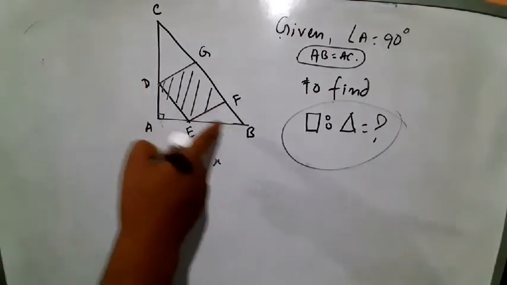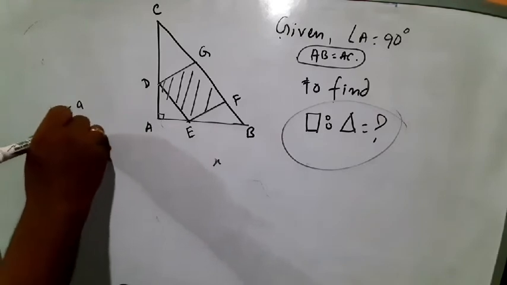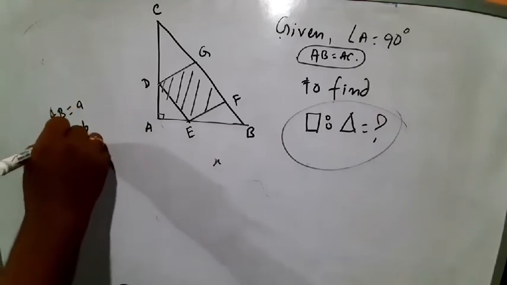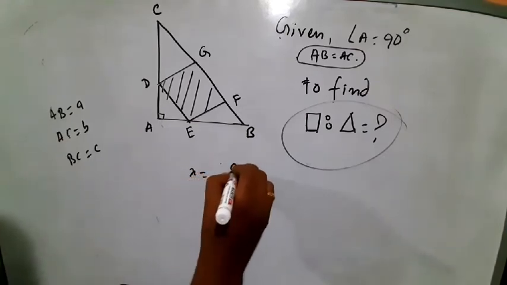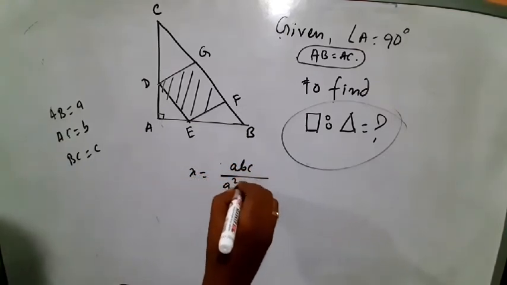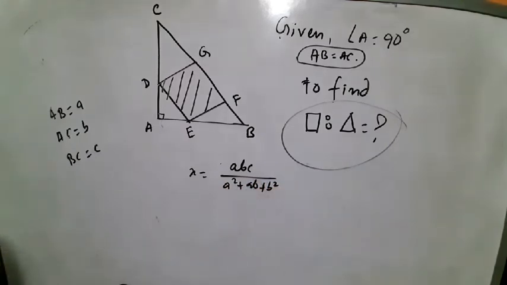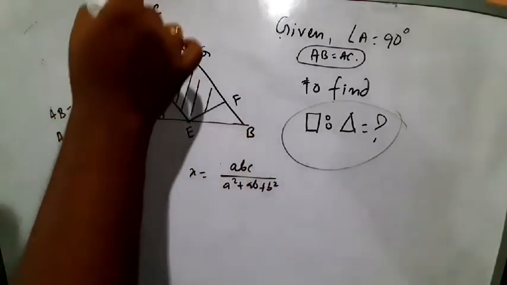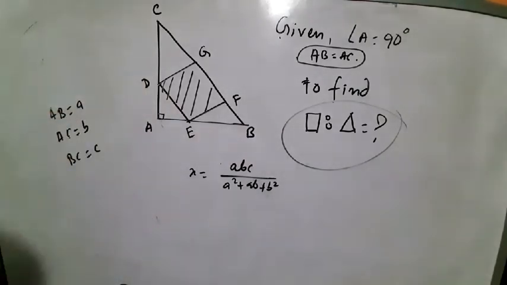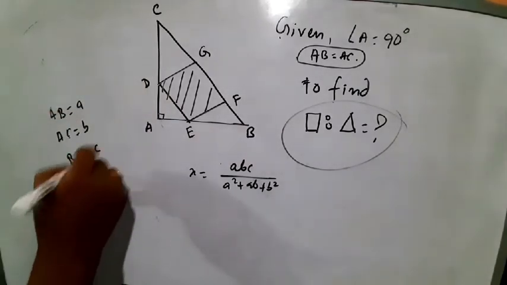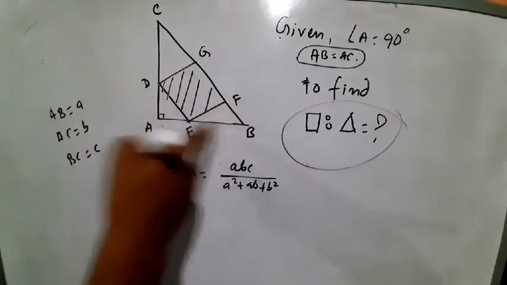If AB equals a, AC equals b and BC equals c, then what is the value of x? x equals abc divided by a square plus ab plus b square. As it is isosceles, AB and AC are equal. From the Pythagoras theorem, BC square equals AB square plus AC square.